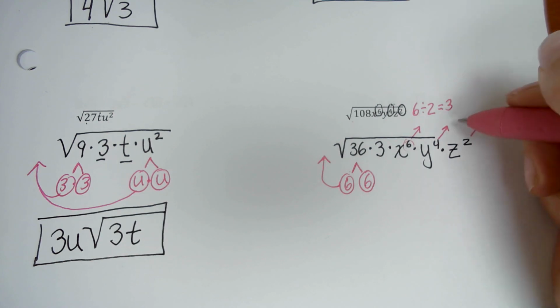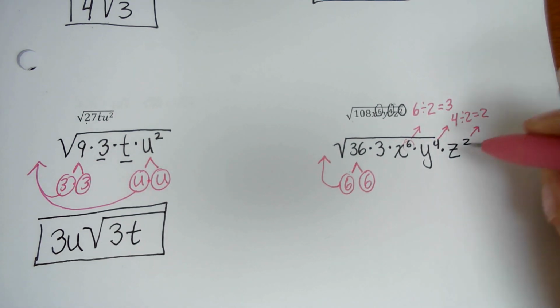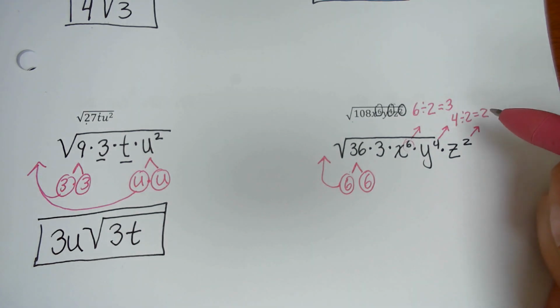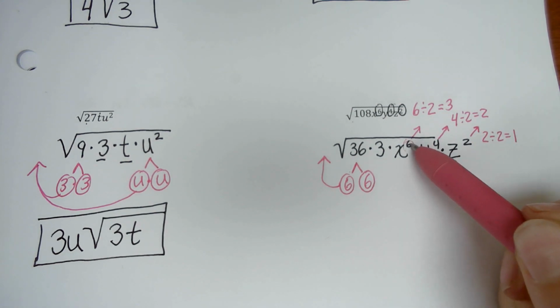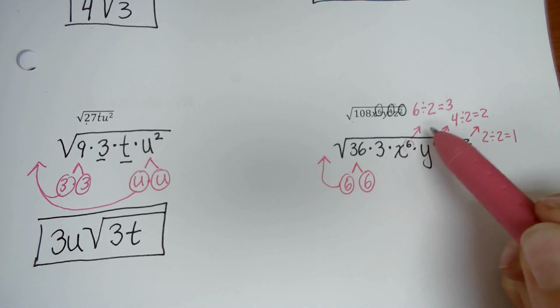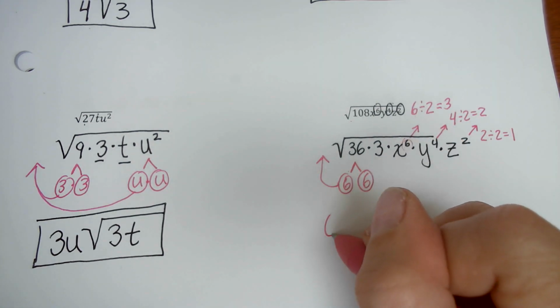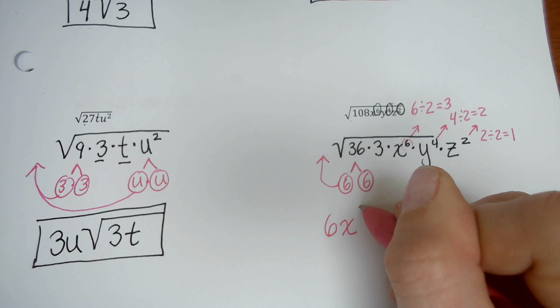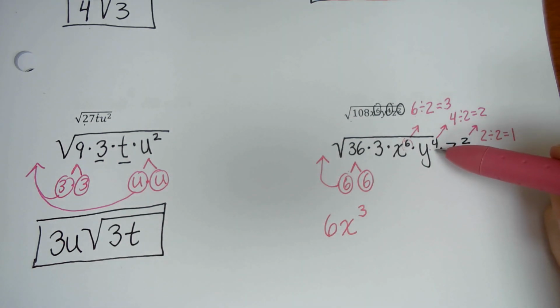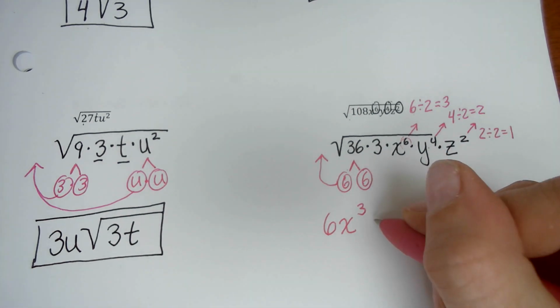So that answer that we get, that is going to be the new exponent outside of the radical. So x to the 6th, when we take the square root of that, we get x to the 3rd. So this will be 6 x to the 3rd. Y to the 4th, the square root of that is y squared.